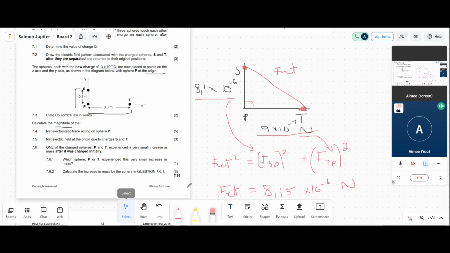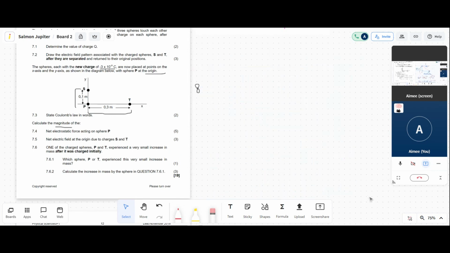Okay, now we move on to 7.5. Okay, 7.5. The net electric field at the origin due to charges S and T. Okay, so again, you need to go to your formula sheet, and you need to remember that your formula for electric field is E is equal to force over charge.